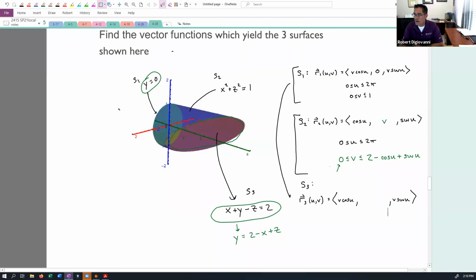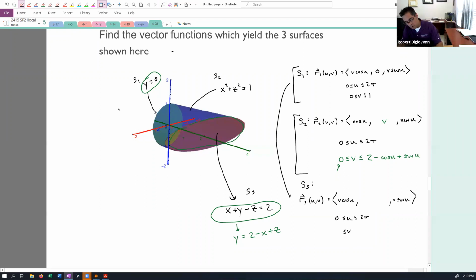What does my y have to be? I have a feeling that it should be similar to the boundary that we used for S2. Yeah, exactly. Now, we have to be careful on one thing here. But it should have the v's in front of the cosine and sine, I think.